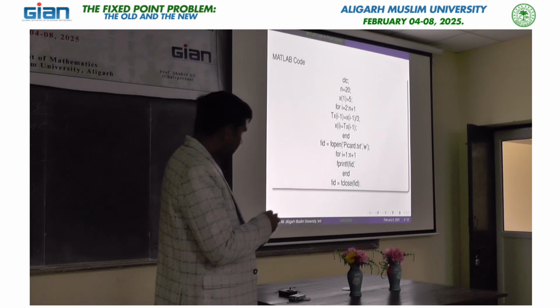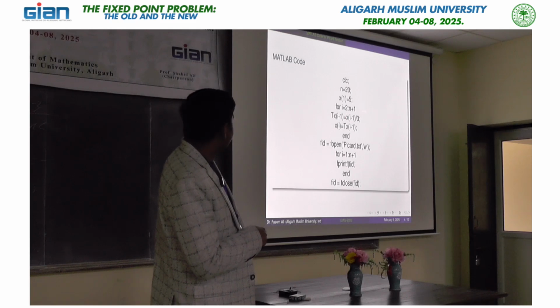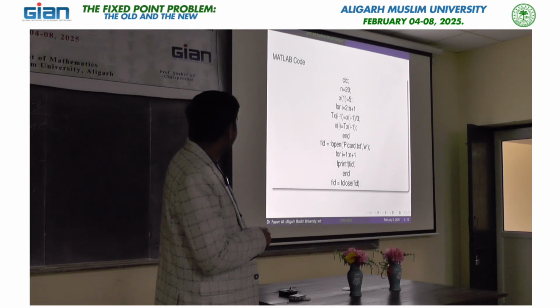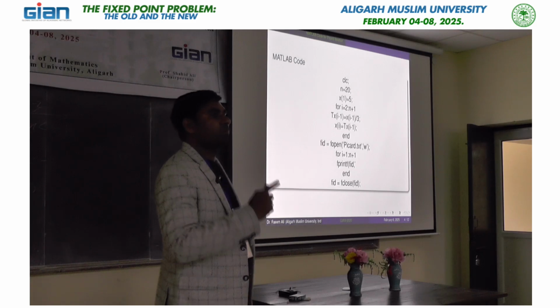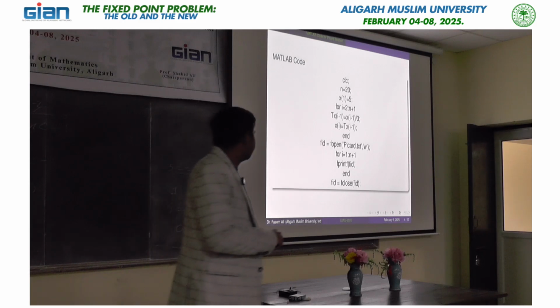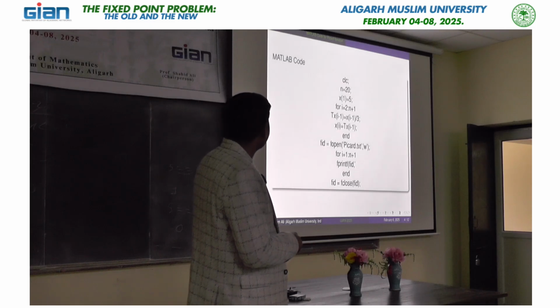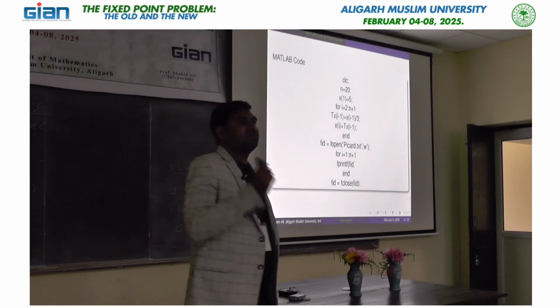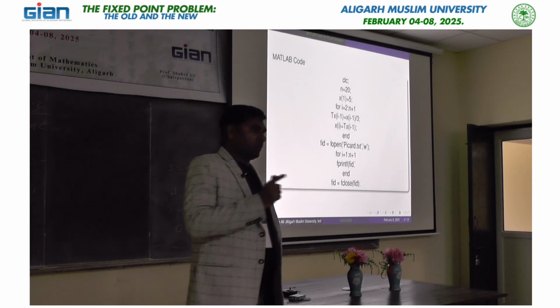So we take T of x(i-1) as x(i-1)/3, and this is the Picard sequence: x(i) = T x(i-1), or x_{n+1} = T x_n. This loop ends here. And this is how to save this data in our computer to use in LaTeX or our paper.